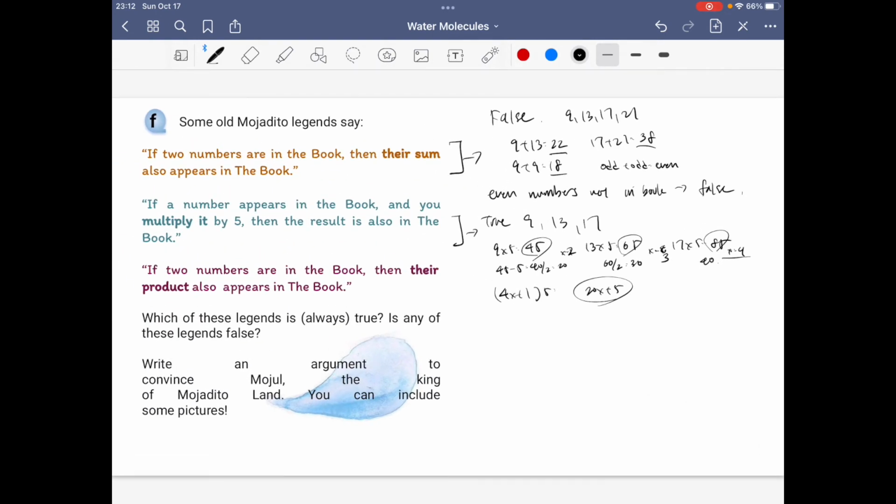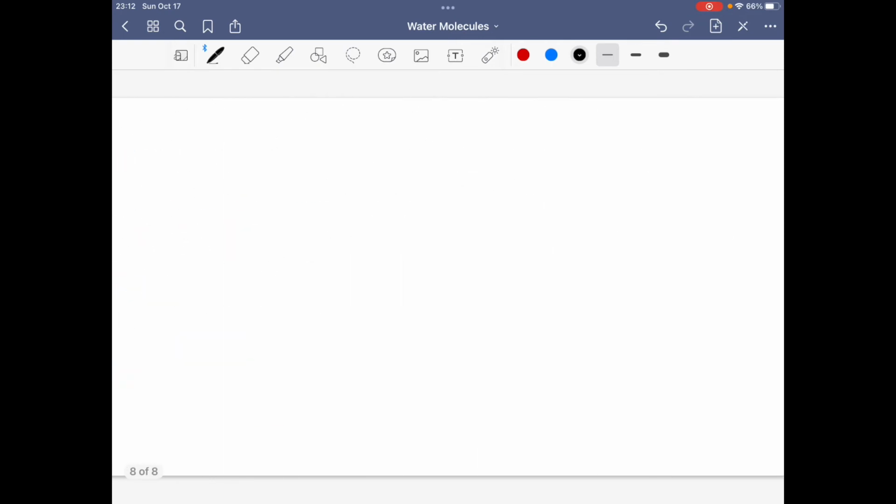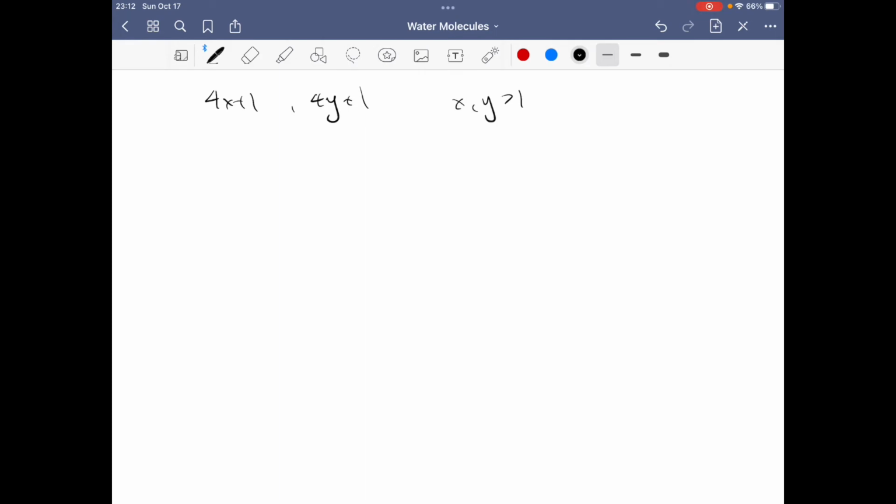So it says that if two numbers are in a book, then their product also appears in the book. So let's use this slider here. Let's say the two numbers are 4x plus 1 and 4y plus 1, where x and y are greater than 1. We could use a rectangle as a model to figure out why this works.